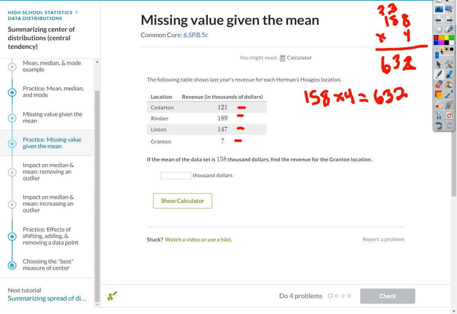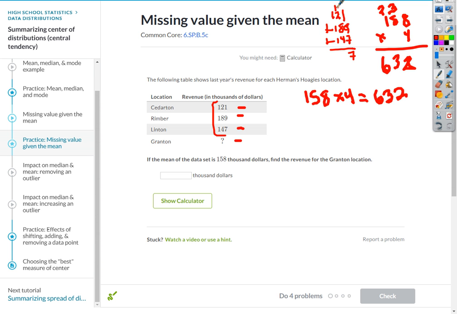Now what you're going to do is take the sum of what you have, which is 121 plus 189 plus 147. That's more scratch work. So 121 plus 189 plus 147 is 1 plus 9 is 10, plus 7 is 17.